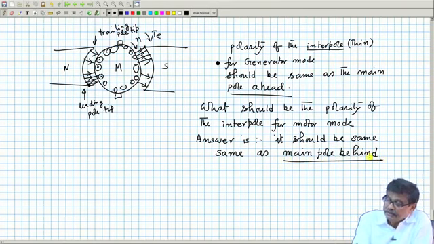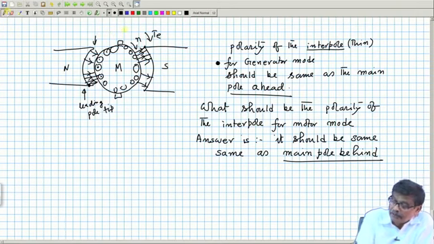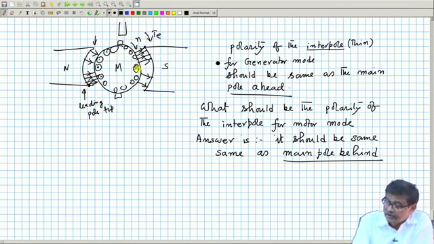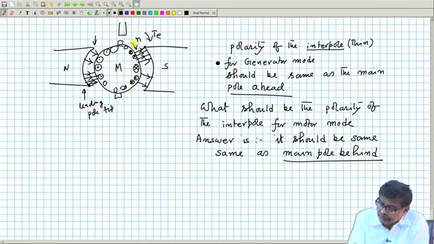Got the points? Therefore, if it is a motor mode, it is moving in this direction. I want to have an interpole here. For this general problem, I have changed everything, north, south, currents. These are cross current, dot current. I will say this is the direction of rotation.